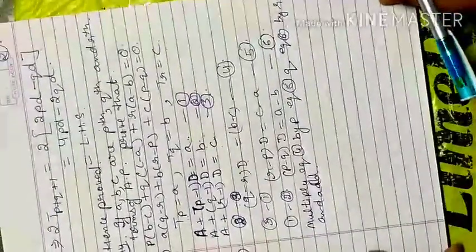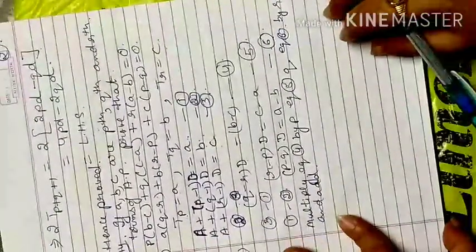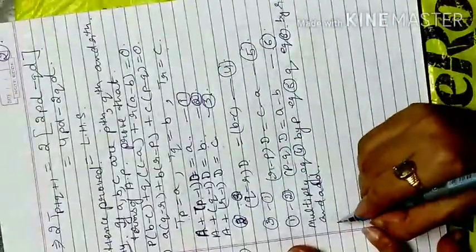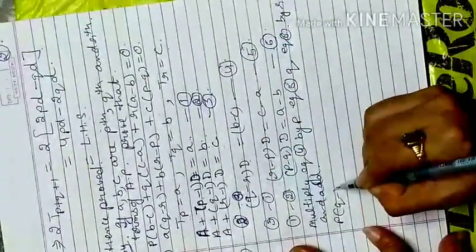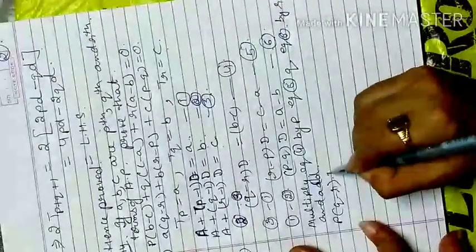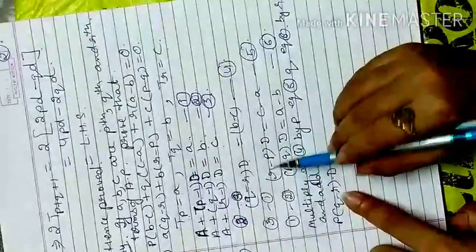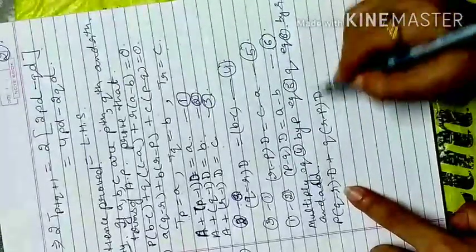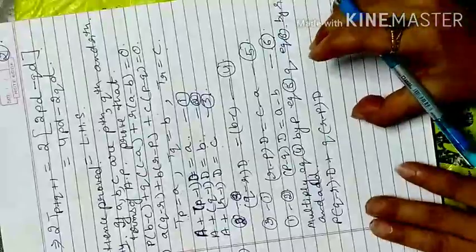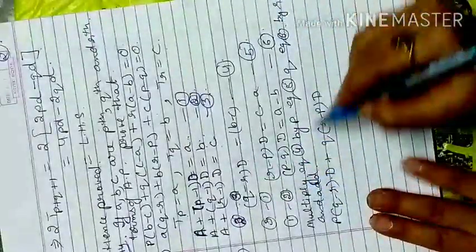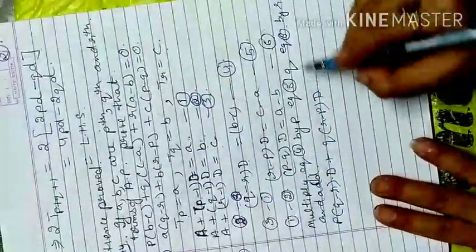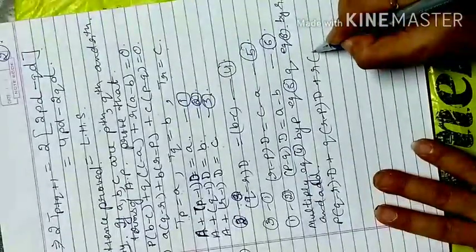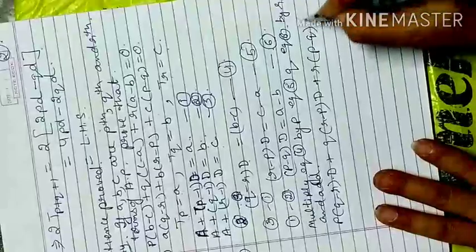On the left side, p is multiplied by (q minus r) d, the second is multiplied by q, (r minus p) d, and the third equation is multiplied by r, (p minus q) d.